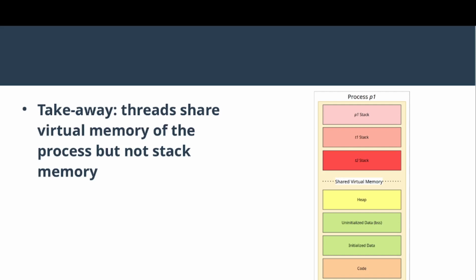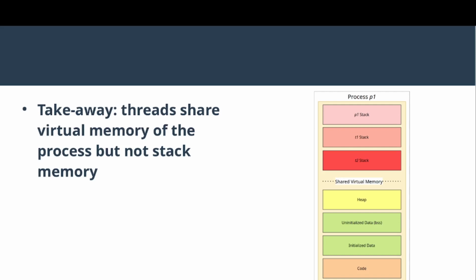And then in this top section here, we have the P1 stack. This is the stack that is allocated to the main thread of the process, so we've labeled it P1. And then here we have the T1 and T2 stacks, which are the individual and discrete stacks allocated to the T1 and T2 threads, respectively. So in this process, we have 3 threads. We have the P1 thread, or the main thread, and then we also have 2 other threads that presumably were created at some point in the main function's execution flow, the T1 thread and the T2 thread.